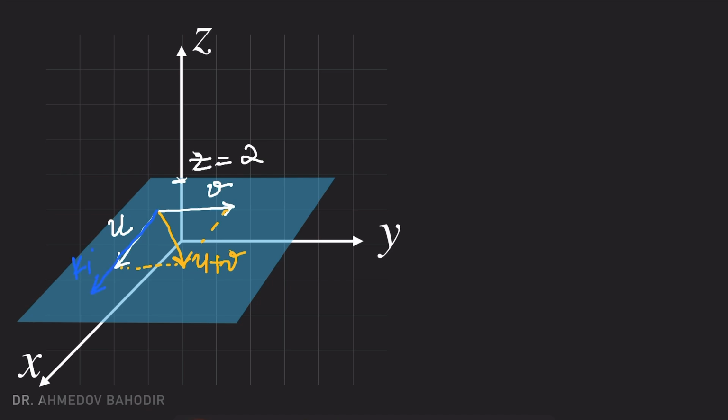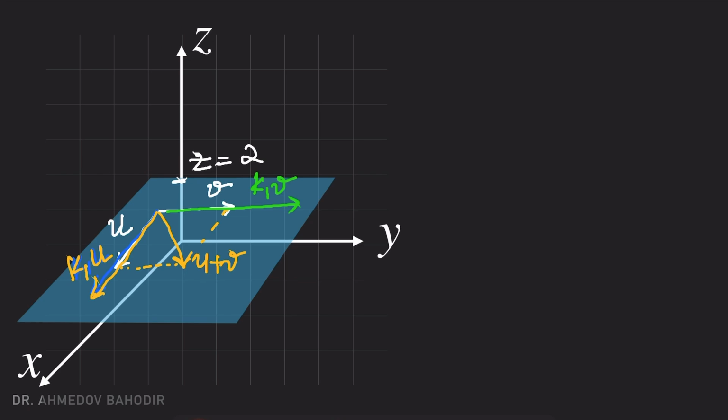Let's say k1 times u. K1 times u is still going to be along this plane. Some constant multiplied by the v vector is going to be along this plane, right? So there are lots of combinations of these two vectors, u and v, which are going to be on this plane.